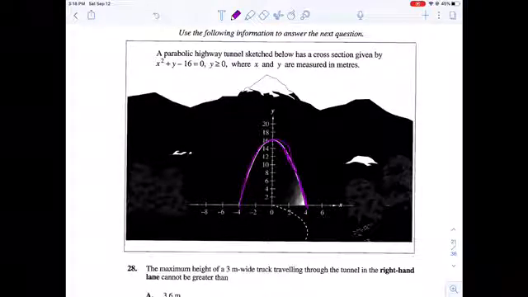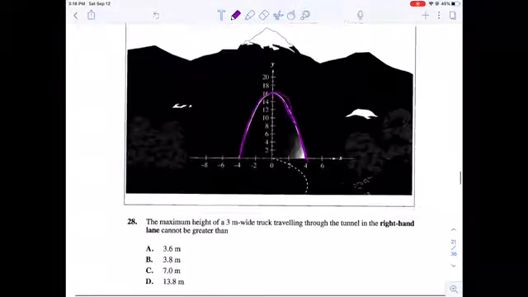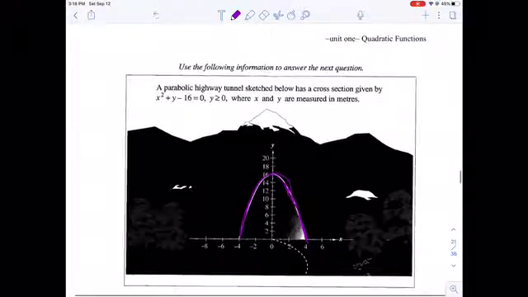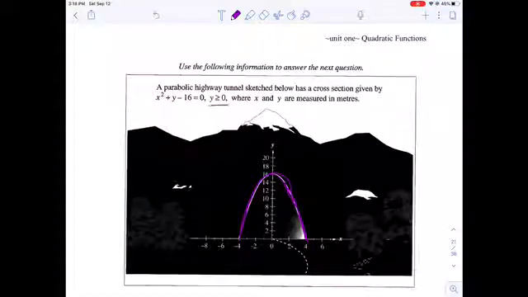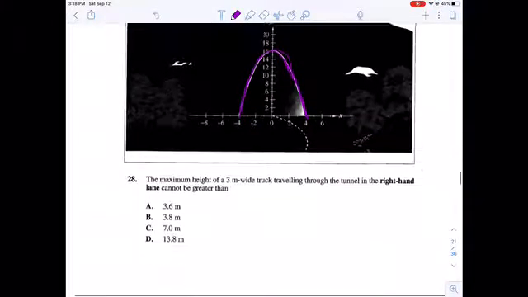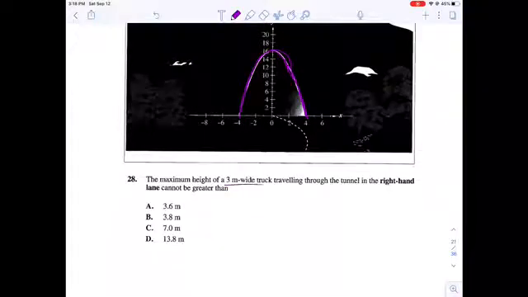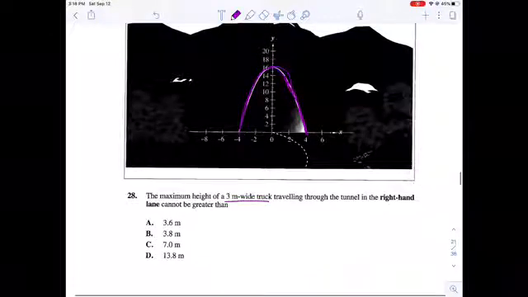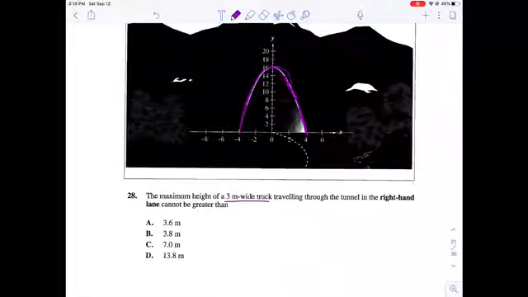It's a parabola. It's written in a strange form. We could rewrite this, and we're going to do that right away here. So it says the maximum height, y is positive, x and y are measured in meters. The maximum height of a 3-meter wide truck traveling through the tunnel in the right-hand lane cannot be greater than... So if this is a tunnel and there's a truck going through it, here's the truck, right?